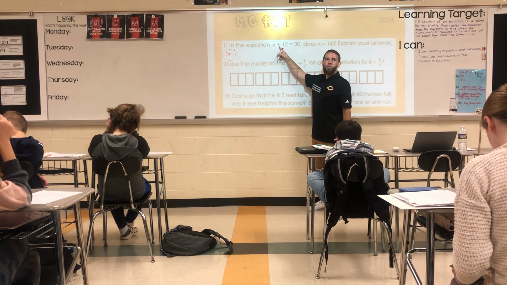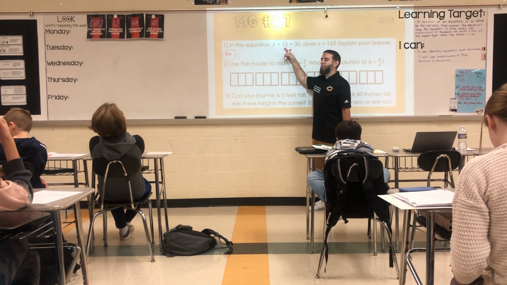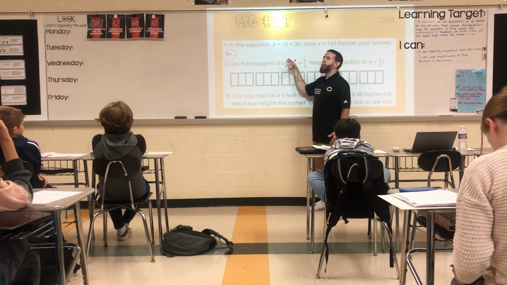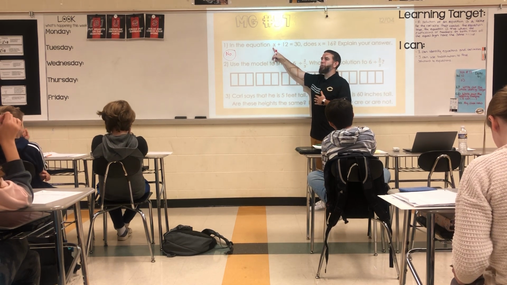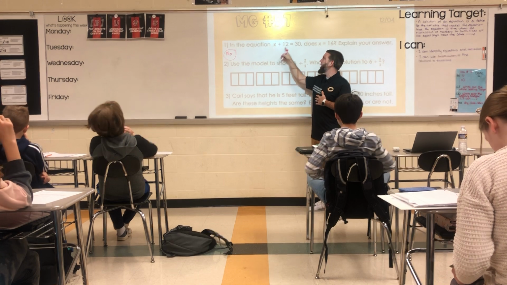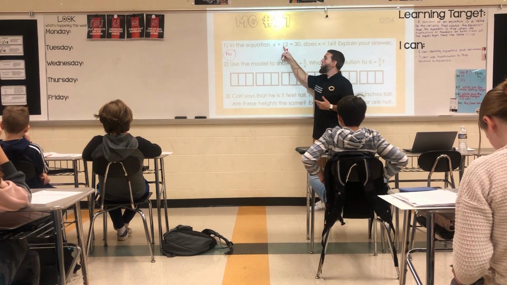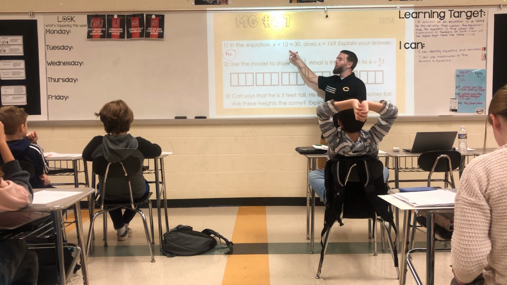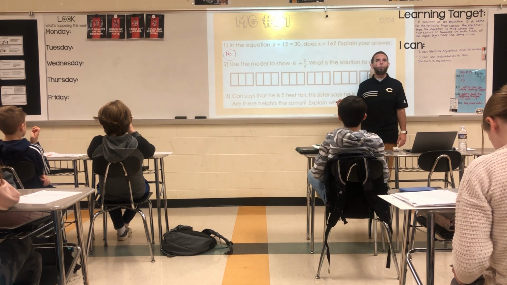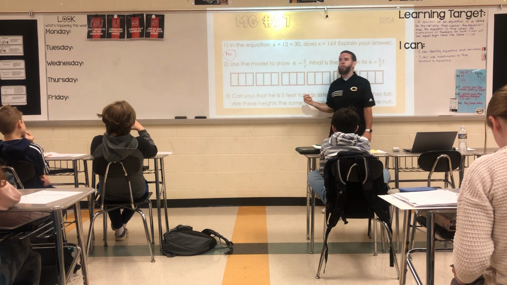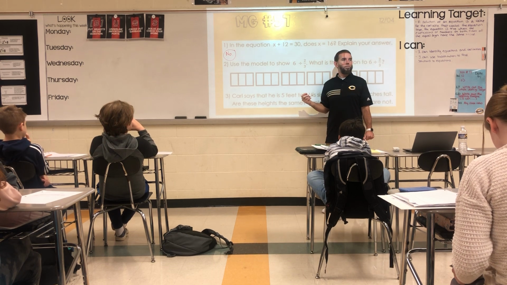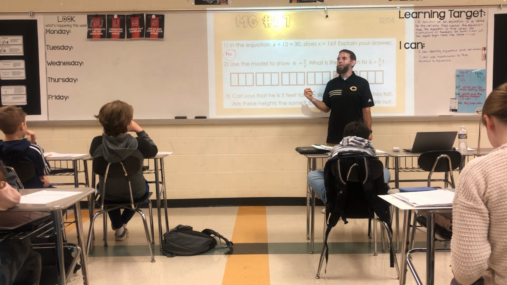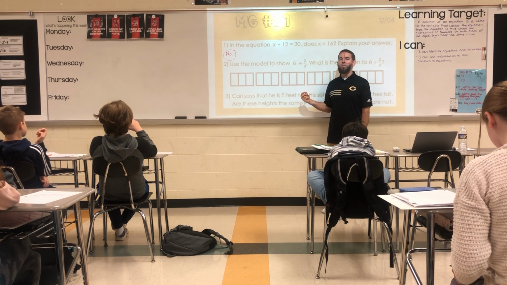Plus 12, we need to get rid of that, right? To isolate the variable, we need to get rid of whatever is beside it. Well, we have plus 12. Somebody raise your hand and tell me, how do we get rid of the plus 12? What operation do we use? Amari, what you got? The inverse operation.